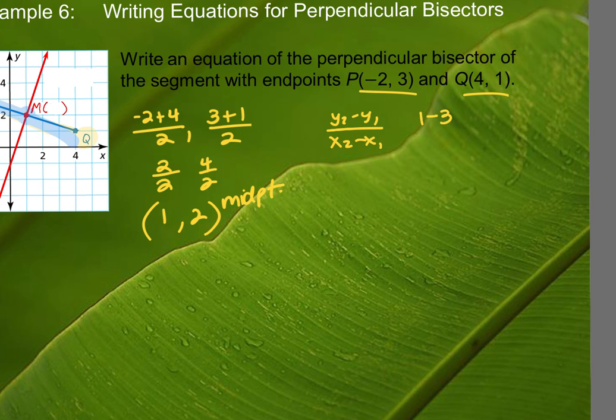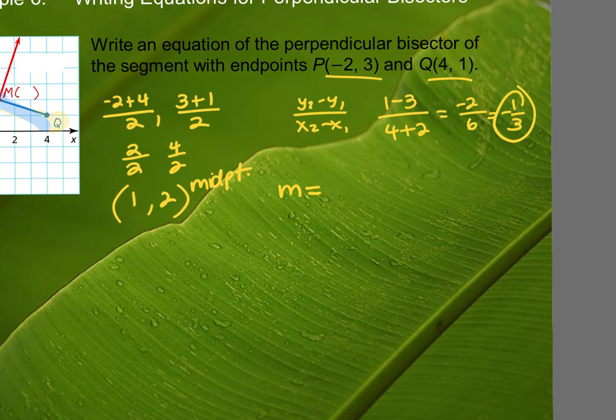So 1 minus 3 over 4 minus -2 is -2 over 6 or -1/3. That's the slope of my original segment. So what's the slope of the perpendicular bisector? My original slope is this. What would be the slope of a line perpendicular to it? +3. Flip it, change the sign.